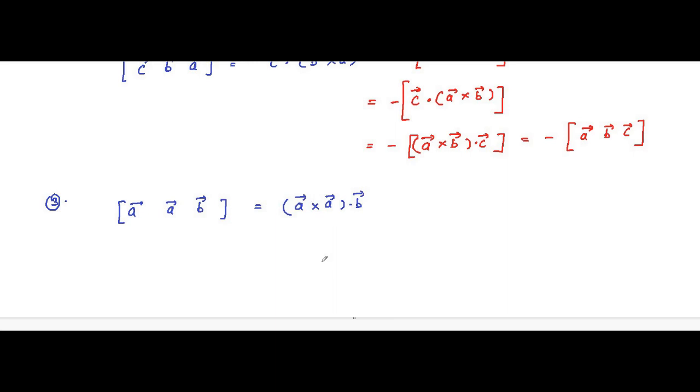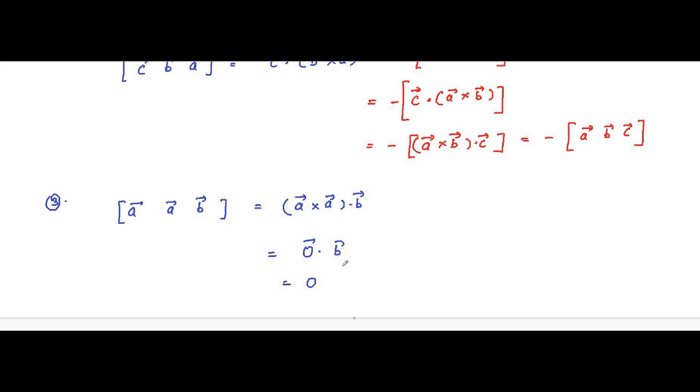As the angle is 0, sine 0 is 0, and hence the net result is 0 dot B vector, which is equal to 0. So when two vectors are equal, the scalar triple product vanishes, it is equal to 0.